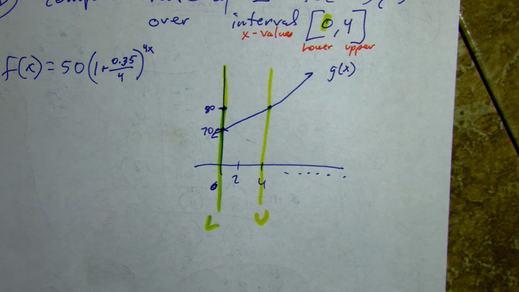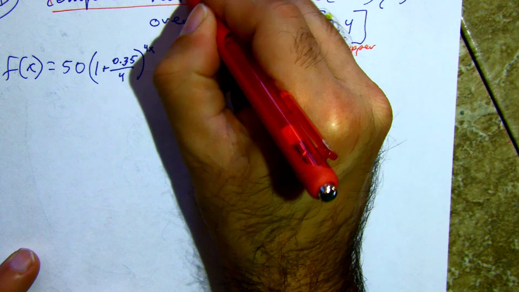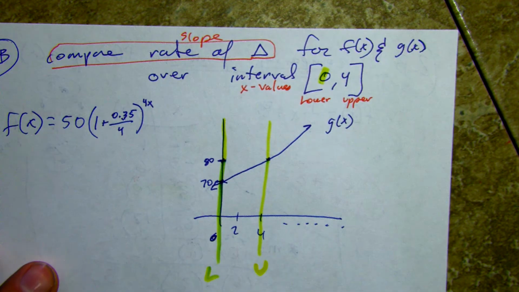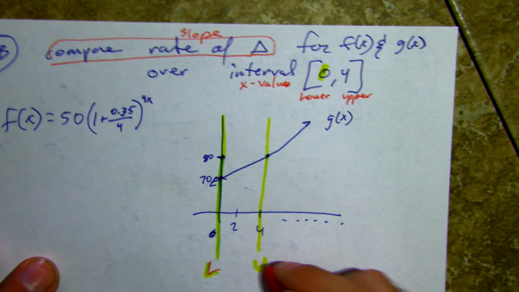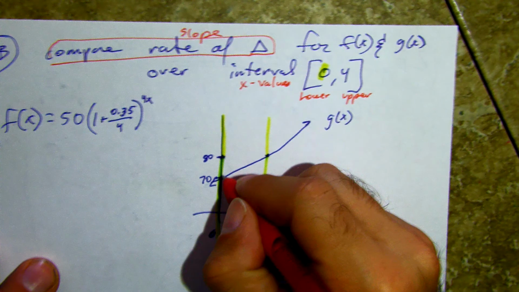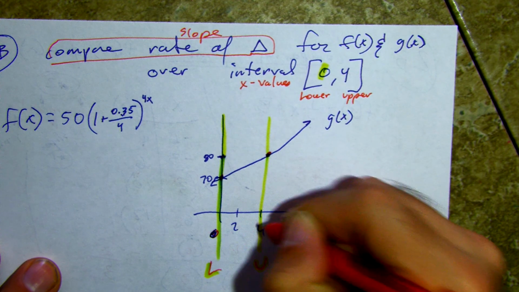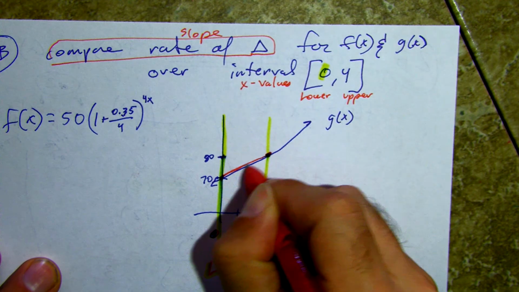So look, what this is saying is the rate of change is really just our slope. When I'm looking at a graph and they give you the lower and the upper limit, I look at the point at that x value of 0 and that x value of 4, and I just make a line between them.